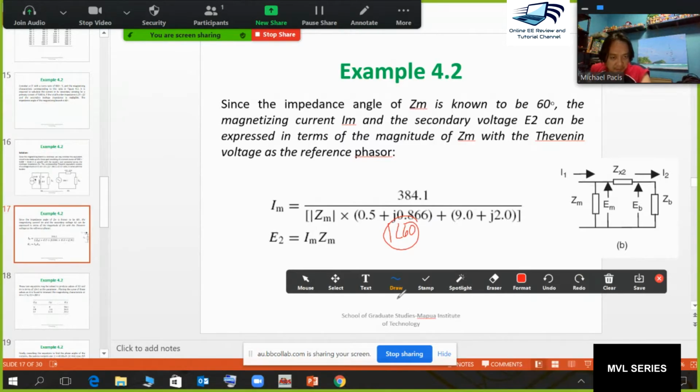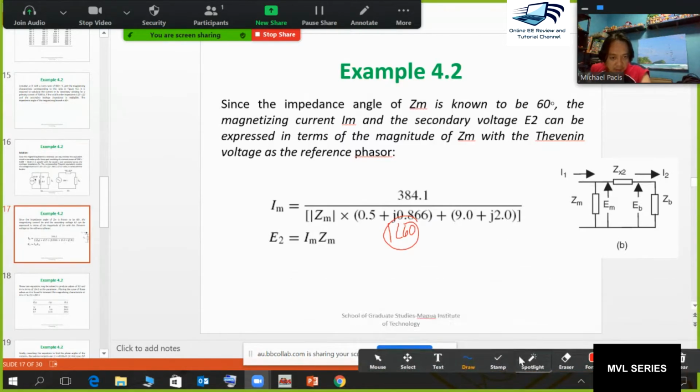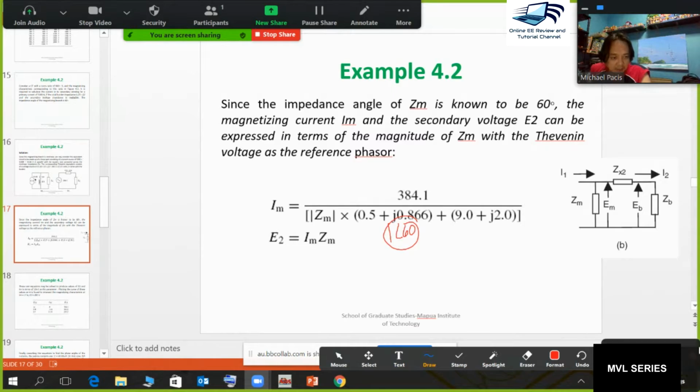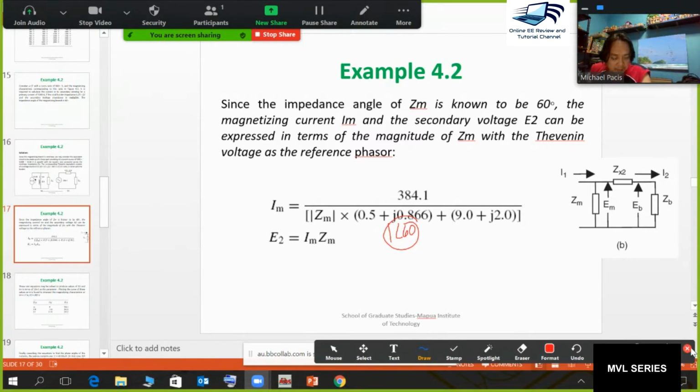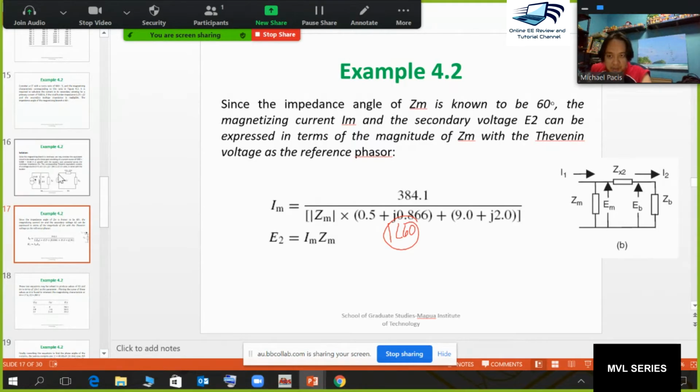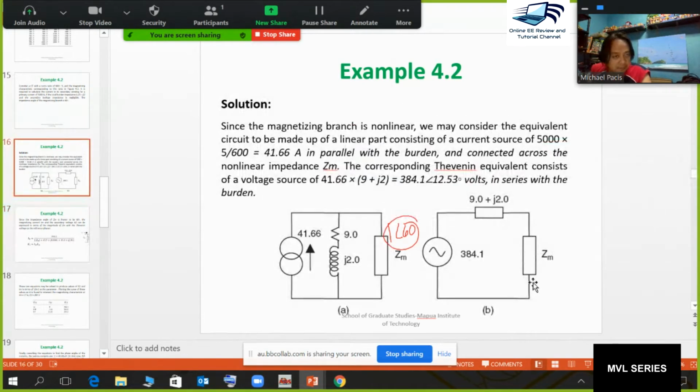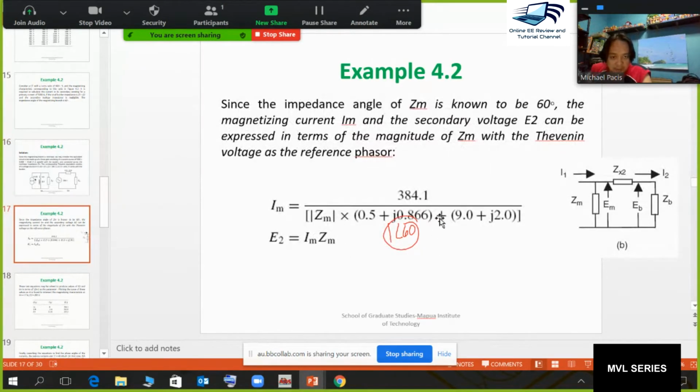And then you add the burden impedance here, because on this circuit above, to get that current, it is 384 all over ZM plus the burden impedance. So you add all of those values at the denominator.